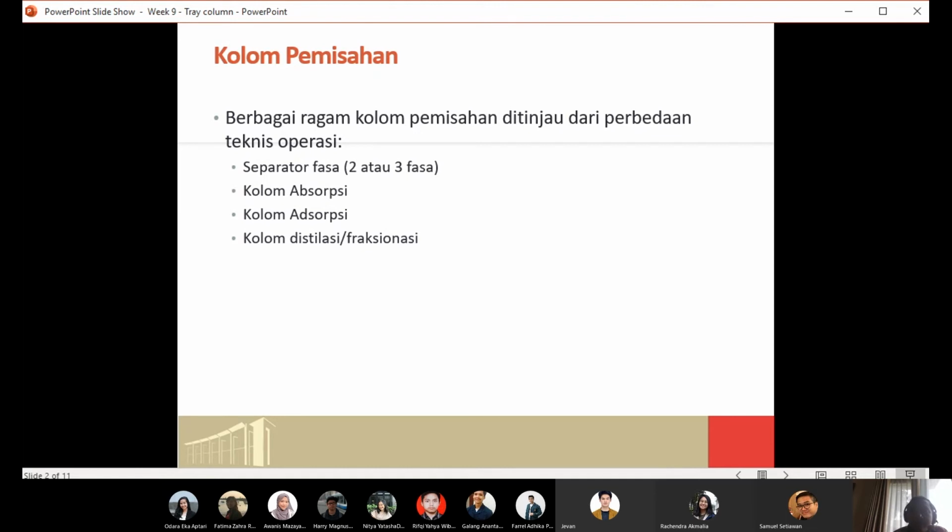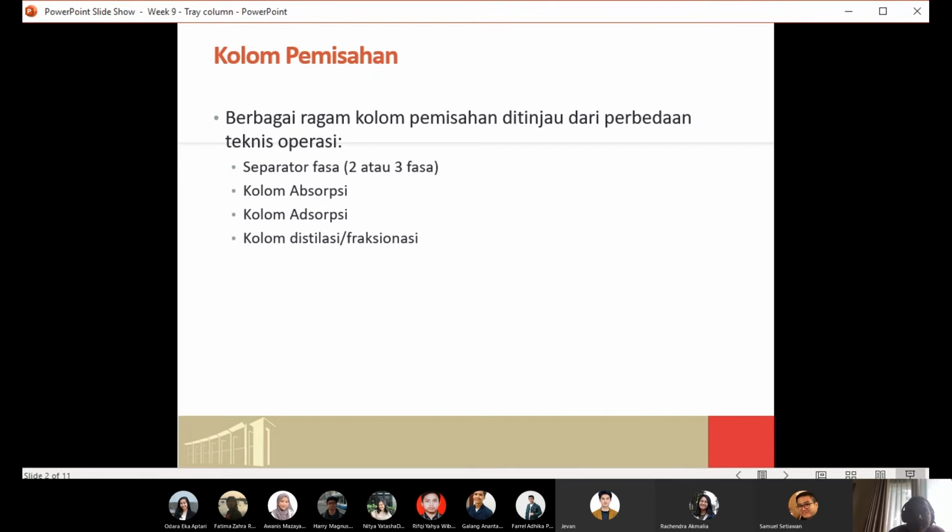By knowing the residence time, you will know whether the volume of the separator will be enough or not to treat such an amount of fluid, whether gas or liquid phase. So this one is for the two-phase separator. The important term for the two-phase or three-phase separators is related to the residence time or separation time.